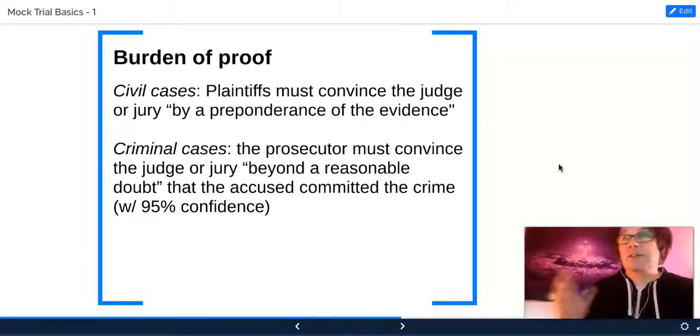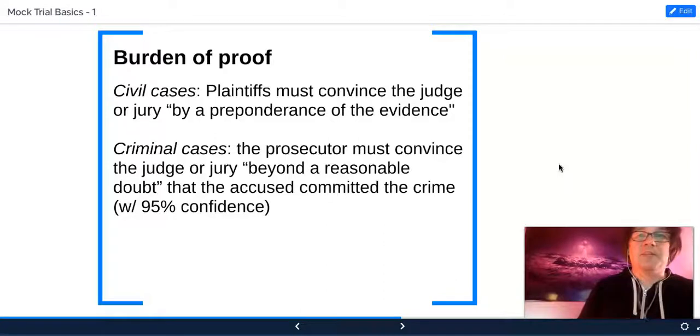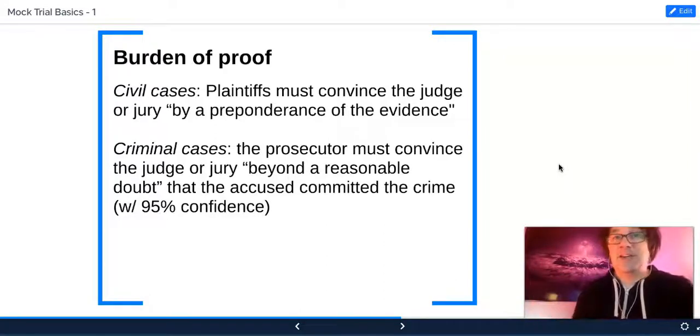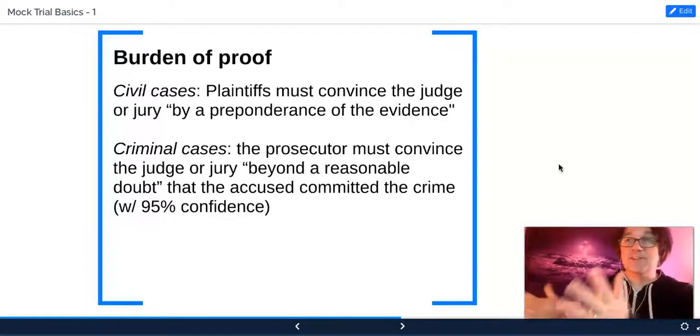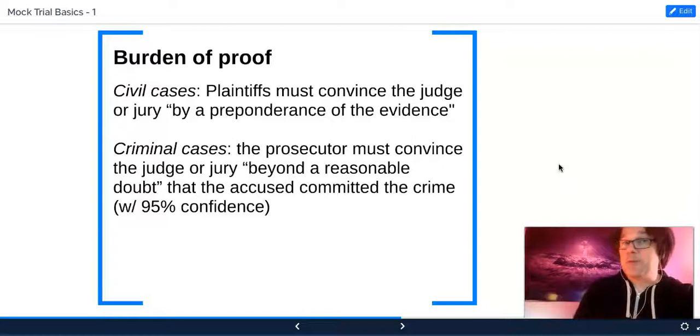So it could be literally 51% in favor of the plaintiff, 49% in favor of the defendant, and the plaintiff would win the case. So the preponderance of the evidence is just whoever has the most compelling case. Not much to it. Could be razor thin.